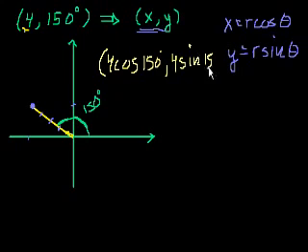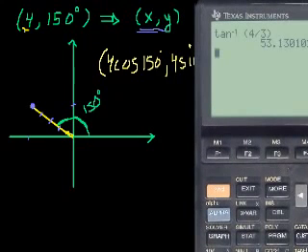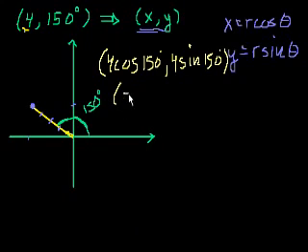Now we can get the calculator out. So 4 times the cosine of 150. And make sure your calculator's in degree mode. You don't want it to think you're saying 150 radians. So that's minus 3.46. So the x coordinate is minus 3.46.